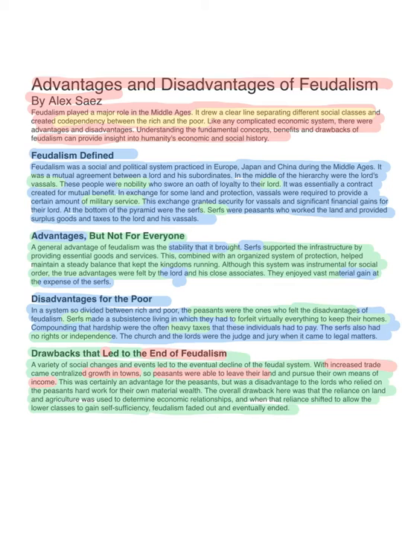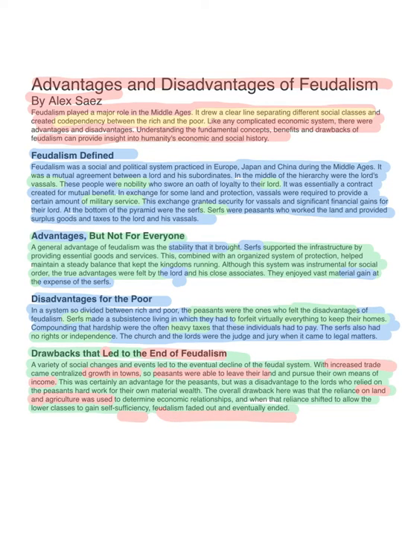But it was a disadvantage to the lords, because the lords relied on the hard work of the peasants. So the overall drawback here was that the reliance on the land and agriculture was used to determine economic relations, and when that reliance shifted to allow the lower classes to gain self-sufficiency, feudalism faded out and ended.